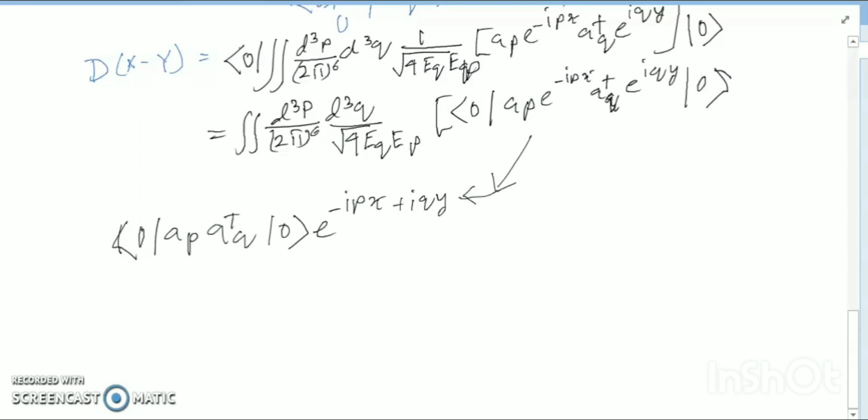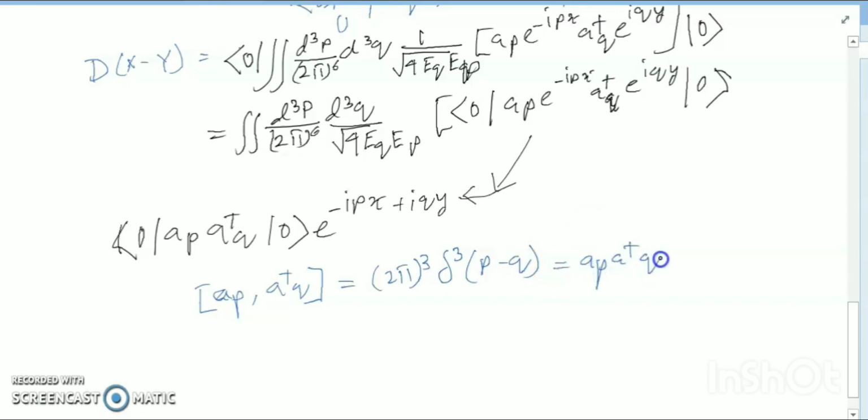So friends, we get this value: a_p a_q dagger, and remember the commutator of a_p and a_q dagger is (2π)^3 delta^3(p minus q). This equals a_p a_q dagger minus a_q dagger a_p, where a plus means dagger.